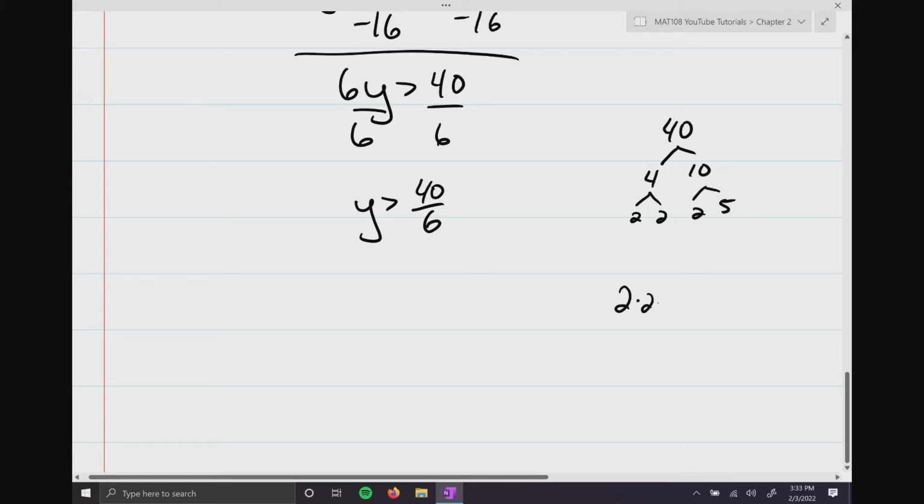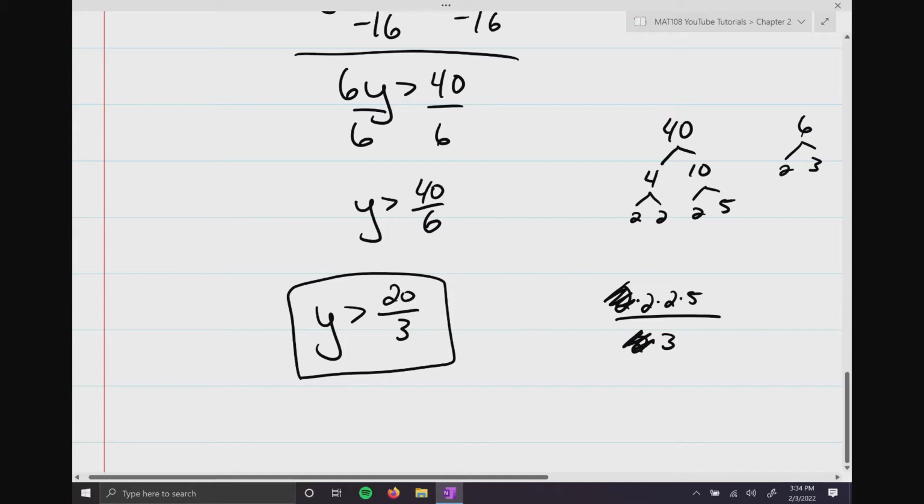There's 40. 6 is just 2 times 3. So as you can see here, the only thing that reduces is one set of 2. Everything else will be in our final answer. So 2 times 2 is 4, times 5 is 20 over 3. Okay, and there's our solution.